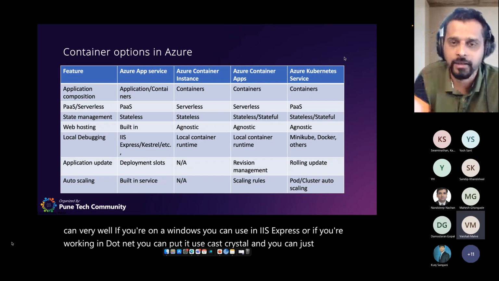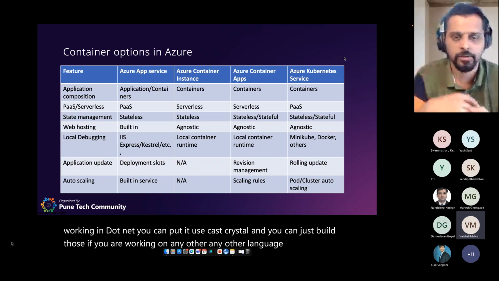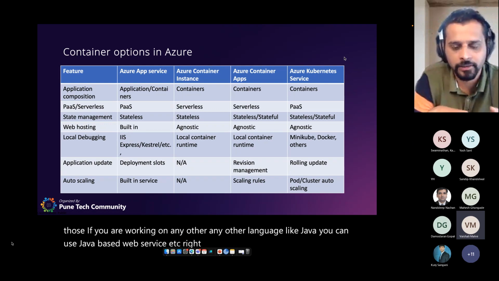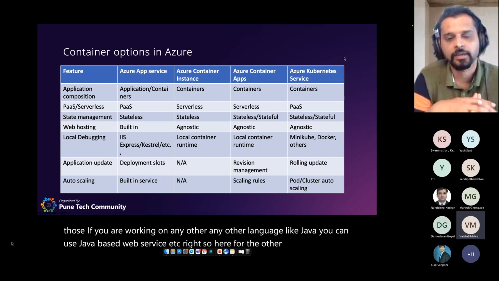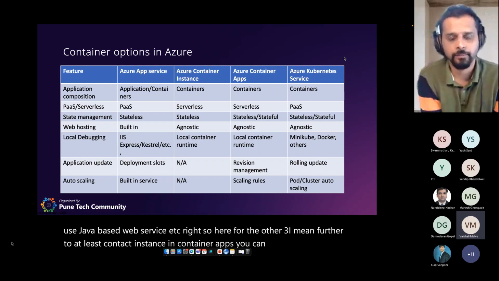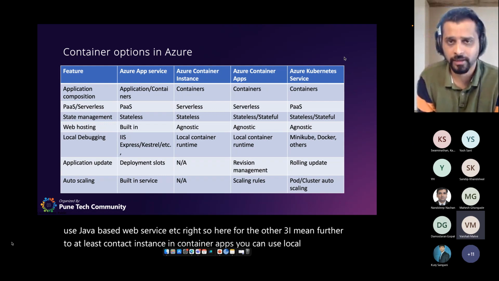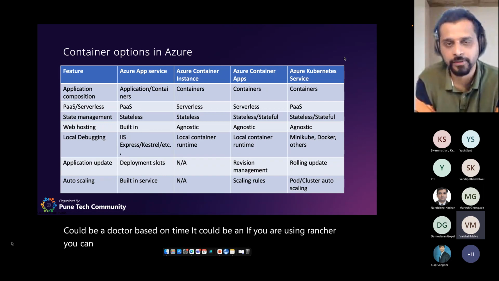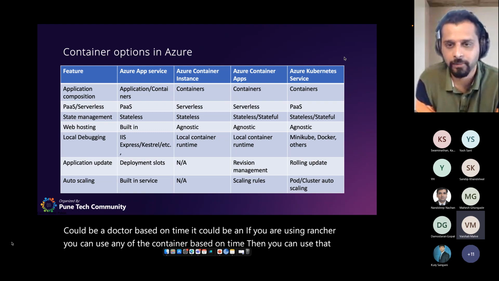If you're working on any other language like Java, you can use Java-based web servers, etc. For the other 2, at least Container Instance and Container Apps, you can use a local container runtime. It could be a Docker-based runtime, or if you're using Rancher, you can use any of the container-based runtimes, and use that for your local debugging purposes.